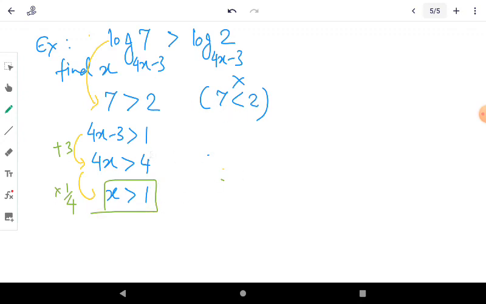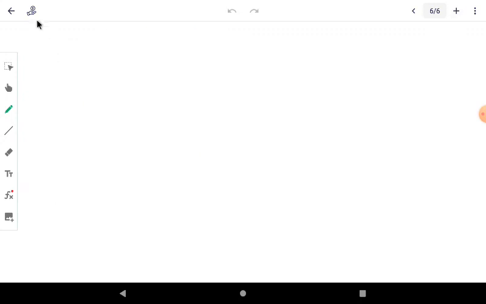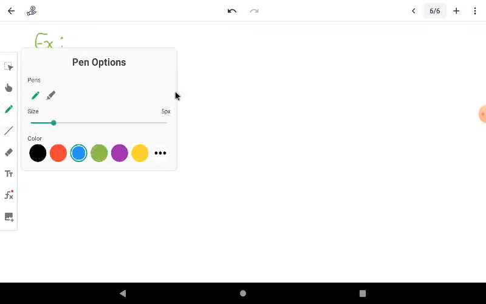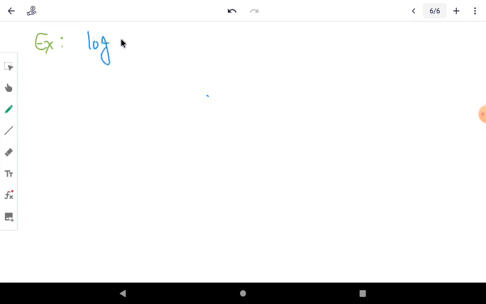Okay guys, now if the question is like this, log 7 base x is greater than or equal to log, this view won't work here, guys.